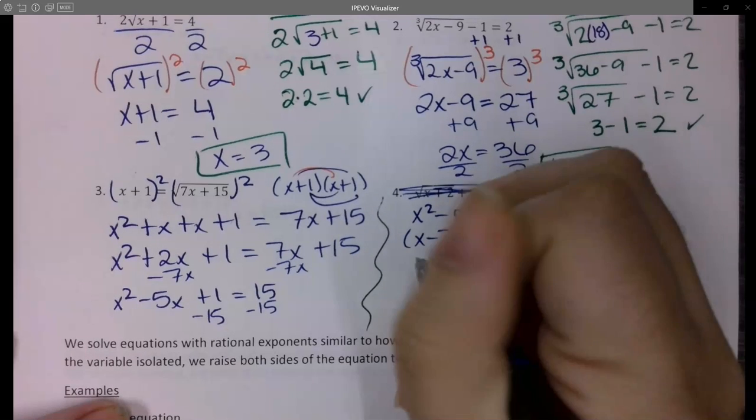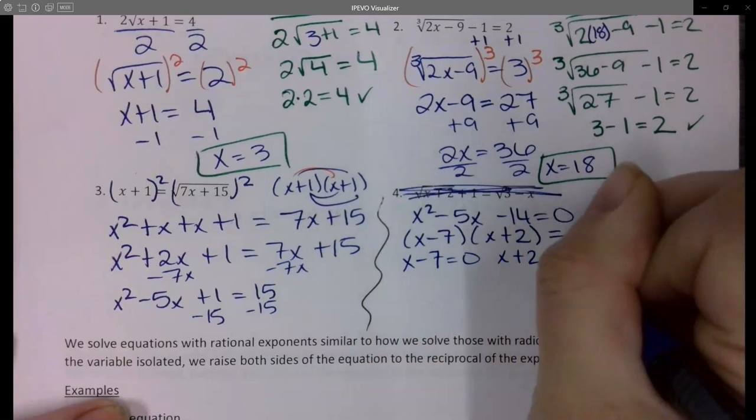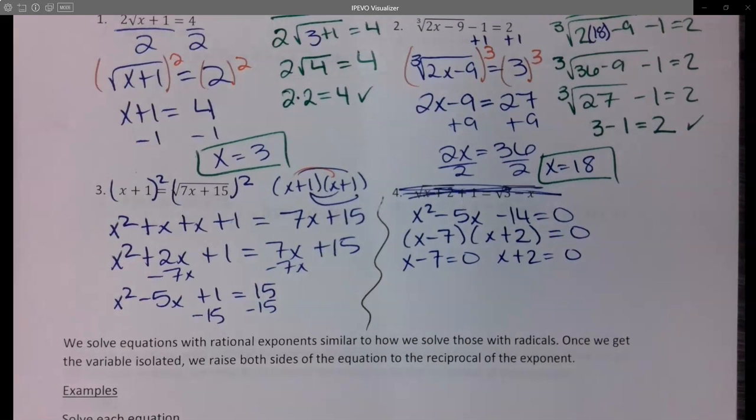Then I want to take each of these pieces and set equal to 0. On the first one, I want to add 7 to both sides.